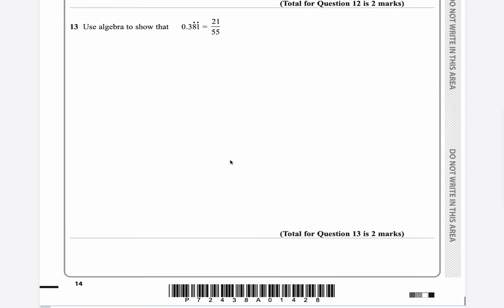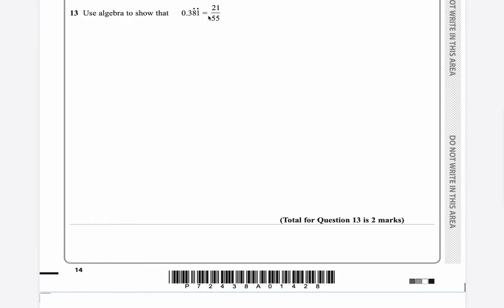Question 13. Use algebra to show that this equals this. Okay. We let x, or any letter you want, guys, equal to 0.3818181... The 8 and the 1 with the 2 dots on top means that those are the two numbers that are repeating, or at least that's the start and end of the recurring decimal.